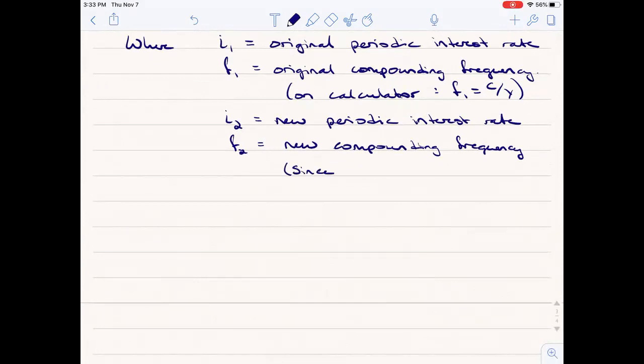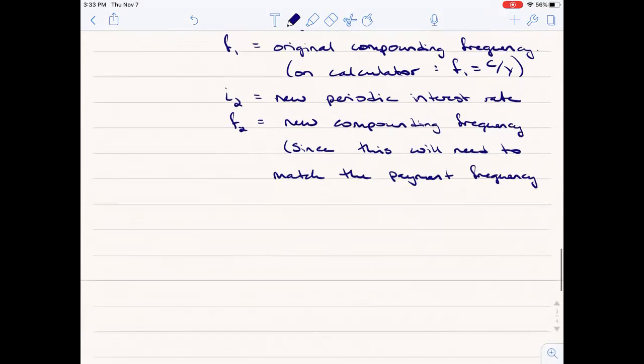And then I'll put in brackets: since this needs to match our payment frequency, on our calculator F2 is going to be the payments per year.